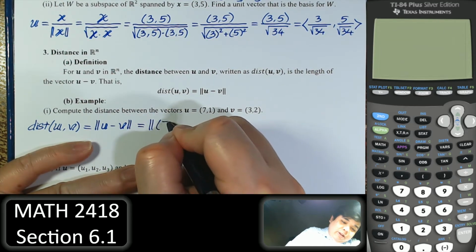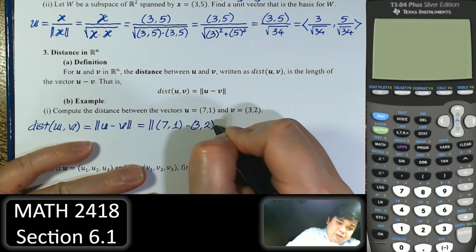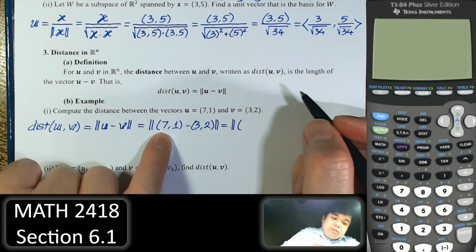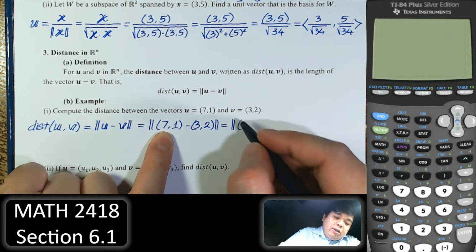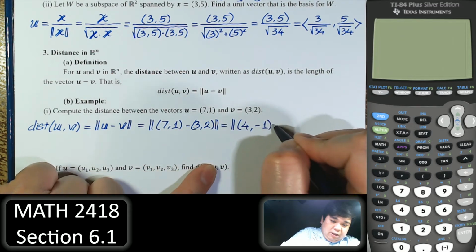So we have (7, 1) minus (3, 2). And that gives us what? (4, -1). Right?